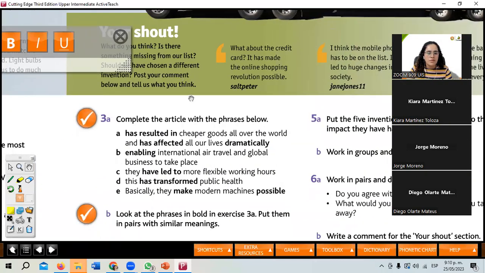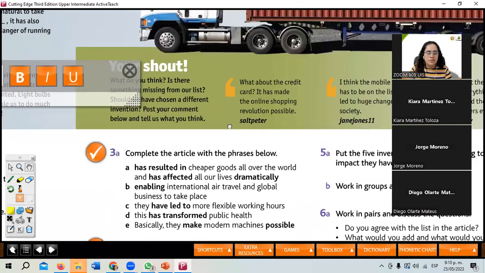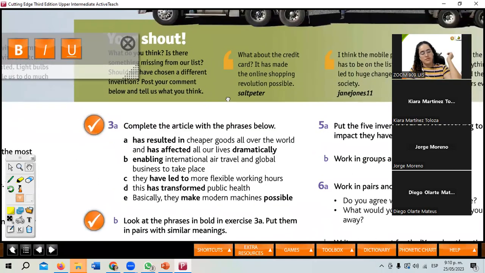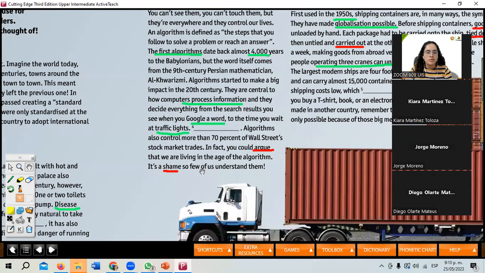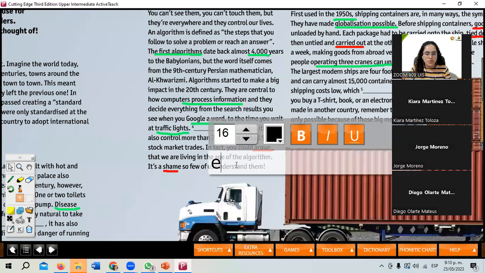I think it's letter E. Okay, read it, please. Basically, they make modern machines possible. E, basically, they make modern machines possible. It's good.